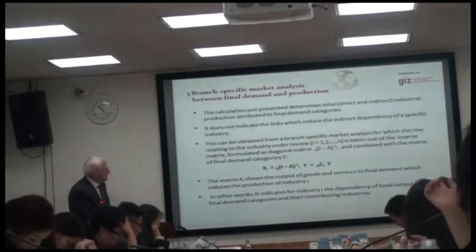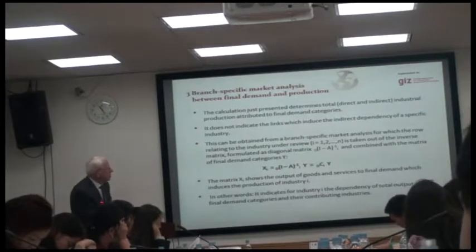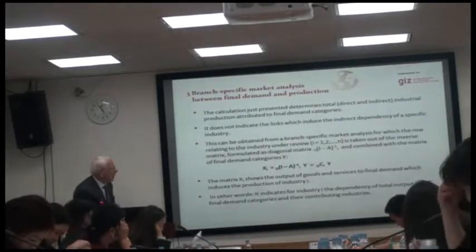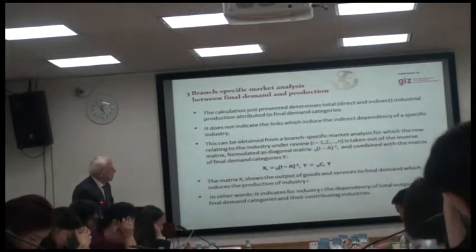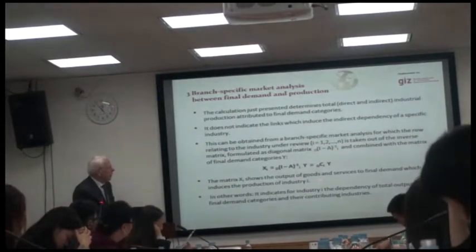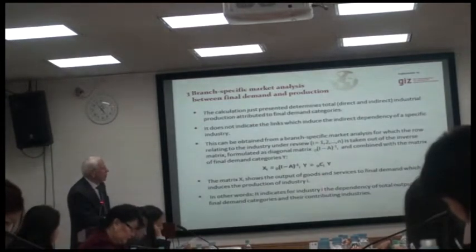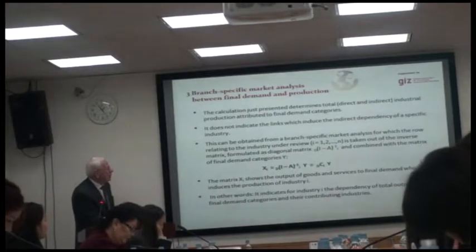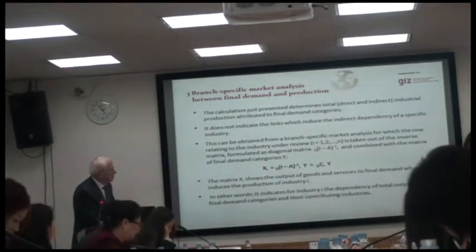That means the matrix now, which we can derive for agriculture, shows us the output of agriculture to final demand, which induces the production of agriculture totally.